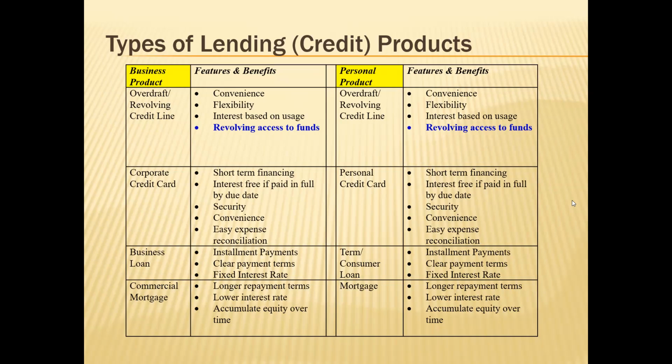Okay, so a revolving credit line is like a credit card, but you don't have the actual card, and it is used similarly to the overdraft, but it is a little more complex.